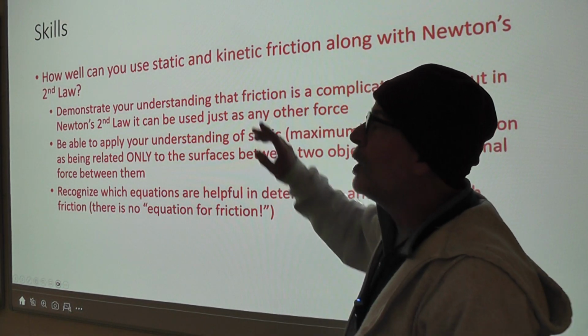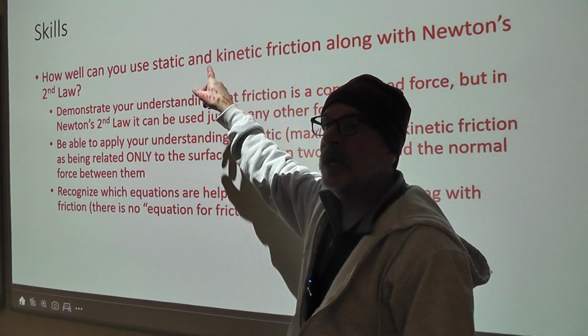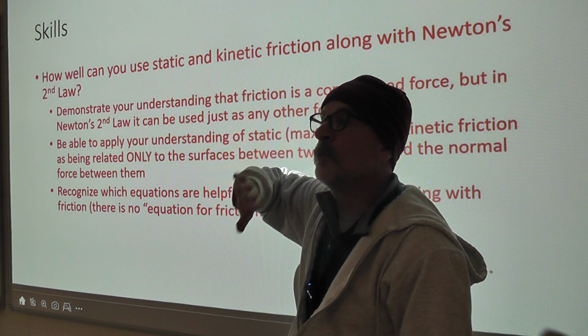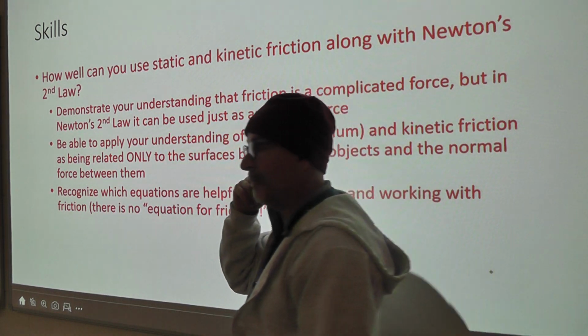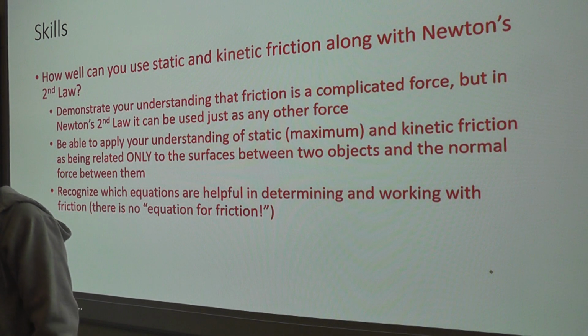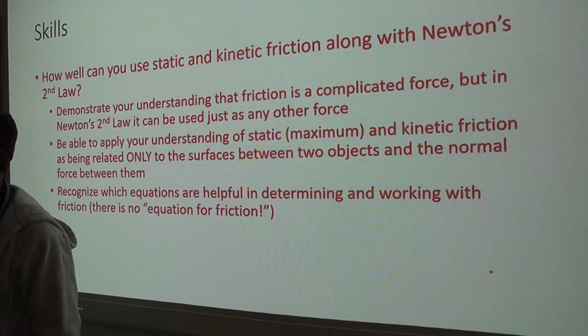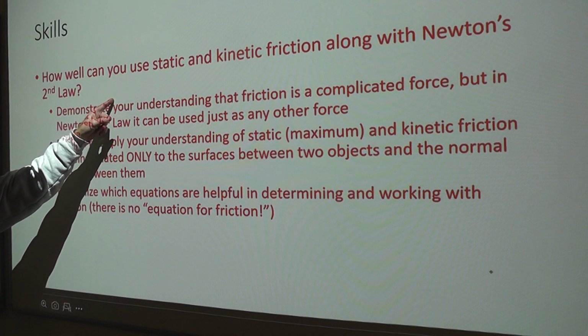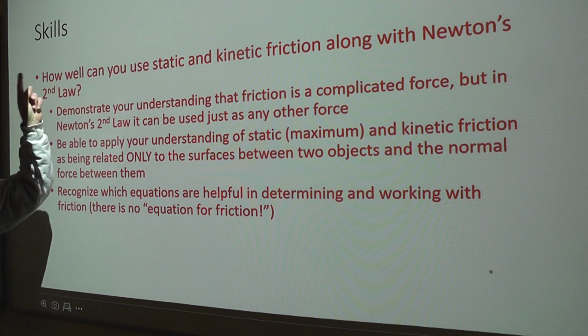All right, so the big skill here is what I just described to you. The big skill is that with real situations, like if you have a cart accelerating along a ramp, can you incorporate friction into any predictions you might need to make? That's the big skill.